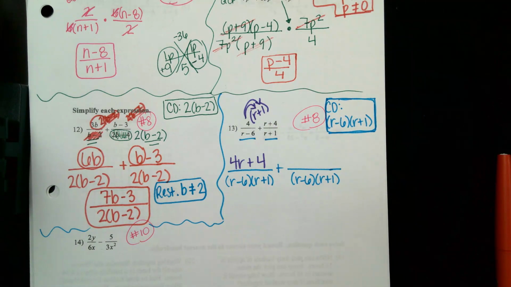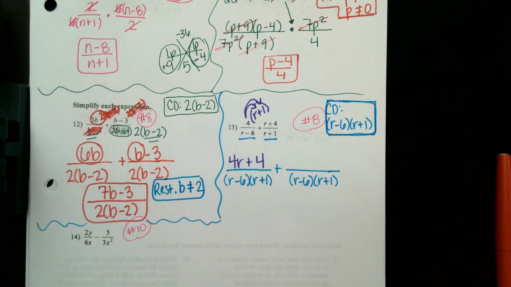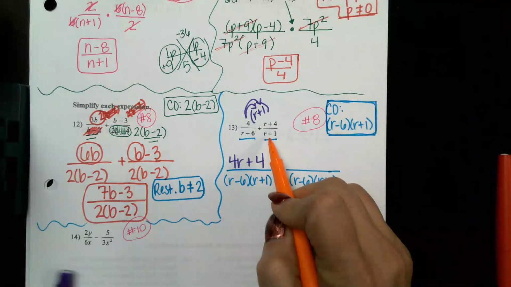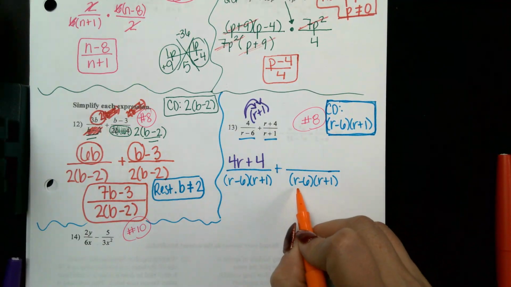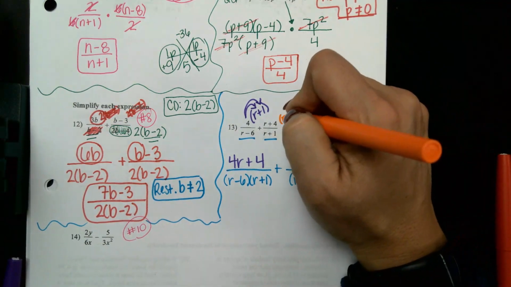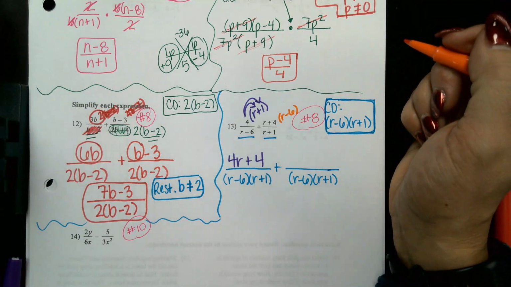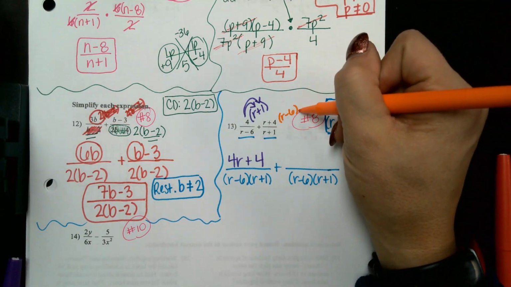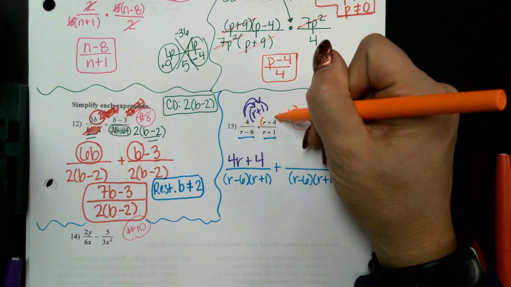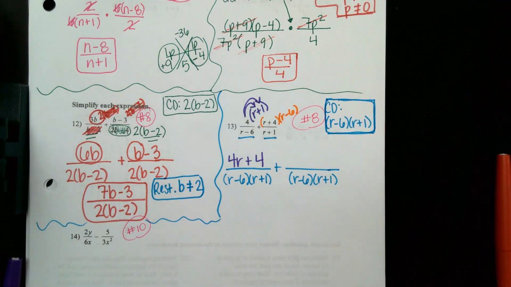Now the second fraction is a pain. Because look up here. We had the r plus 1, which means it was missing r minus 6. Well, when I write r minus 6 up there, is that a 1 by 2? That's a 2 by 2. What do we have to do for 2 by 2s?